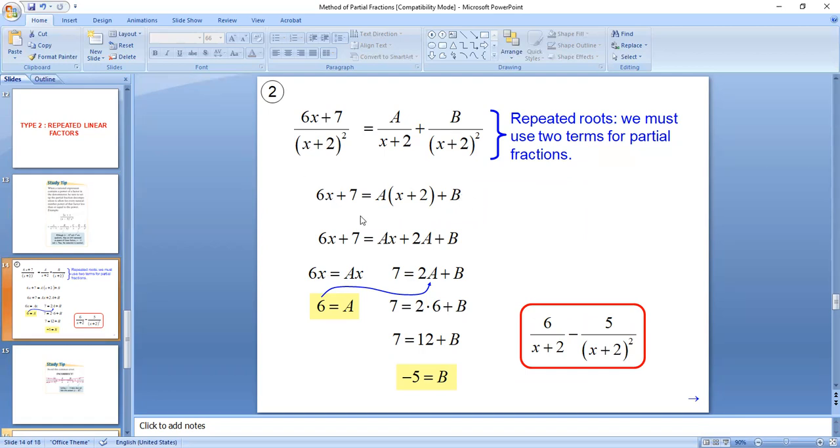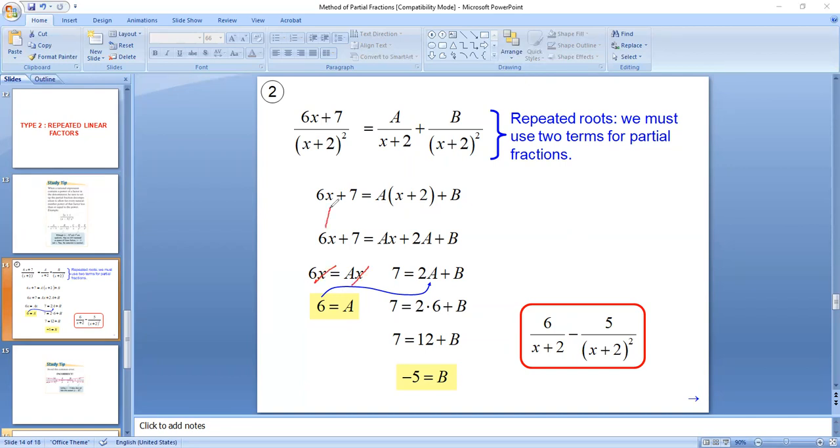So you have this. If you equate coefficients, class, you have 6. This one is expansion, expanded only. So 6x plus 7, you have A(x plus 2) plus B. If you equate coefficients for x, you have 6 here and you have Ax here. You take out the x, A is equal to 6.